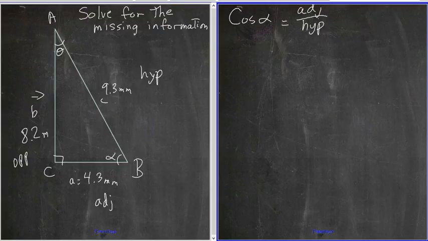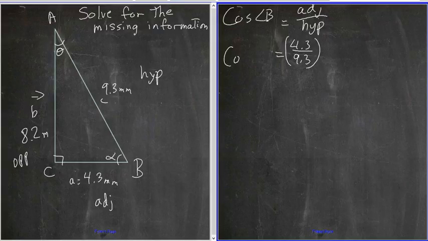I'm going to go with cosine of angle B today. Cosine of angle B is equal to adjacent over hypotenuse, which is 4.3 over 9.3.